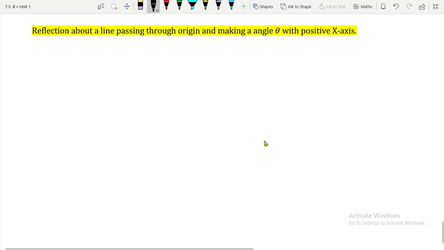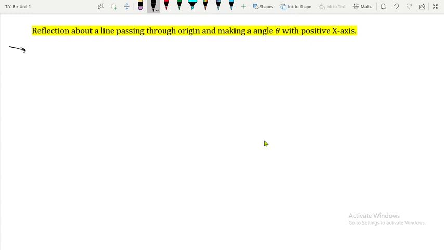Today we are going to discuss reflection about a line passing through origin and making an angle theta with positive x-axis. Since it is reflection about a line, we know the reflection map is defined for a vector space having a subspace of dimension n-1.